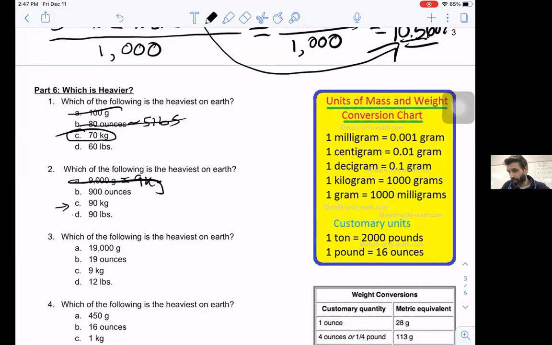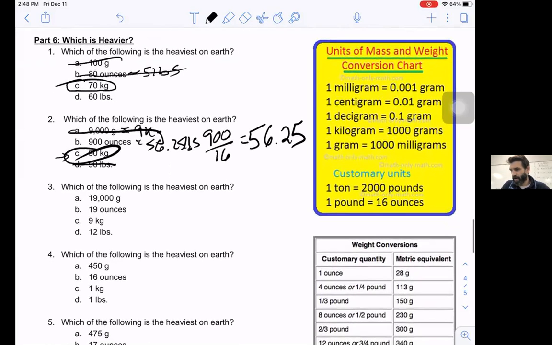So that is more than that. And 900 ounces divided by 16, 900 divided by 16 equals 56.25. So that equals 56.25 pounds. 90 kilograms is the most right there.